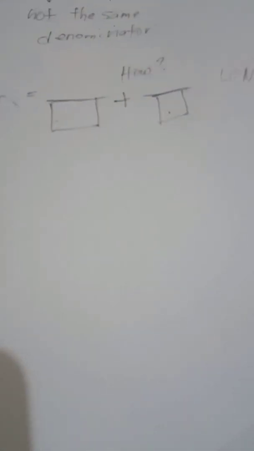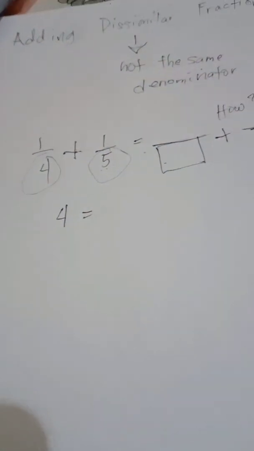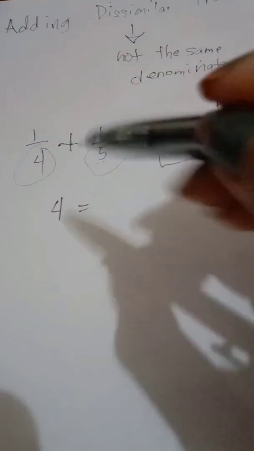So, this is your fraction, for example. Let's get the LCM of 4 and 5. We have to skip count by 4. Let's skip count by 4.